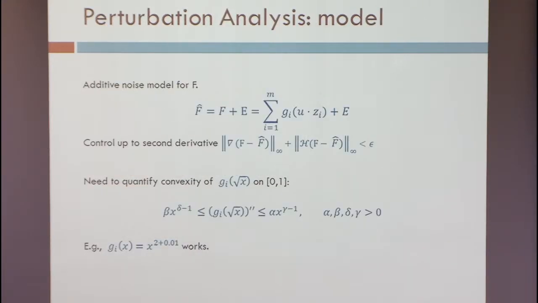Okay, so now let me briefly describe the perturbation analysis. So first, what is the model? Well, the model here is very simple. You just add some noise to your function. Instead of measuring the basis encoding function, you're measuring the basis encoding function plus some e, where e is basically your noise.